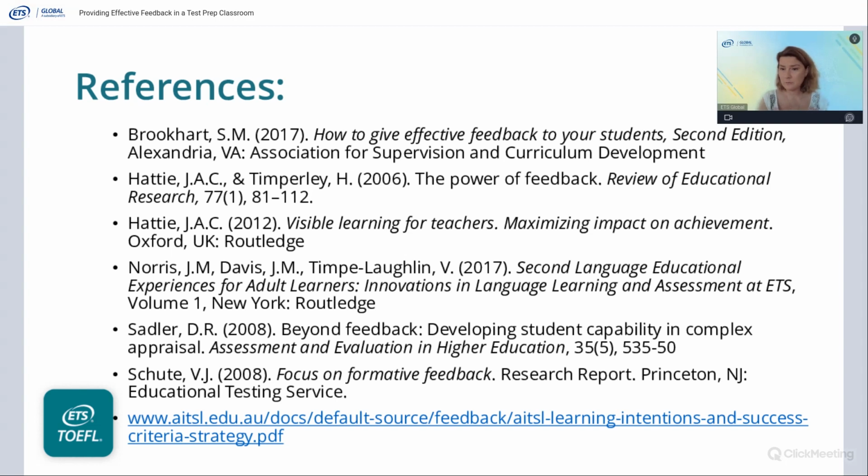I promised to provide references, and if you are interested, I strongly recommend a publication by John Hattie called Visible Learning for Teachers, Maximizing Impact on Achievement. And you can see it within the references. There are many more, but don't worry, you are getting the copy of slides, so you will be able to find them.